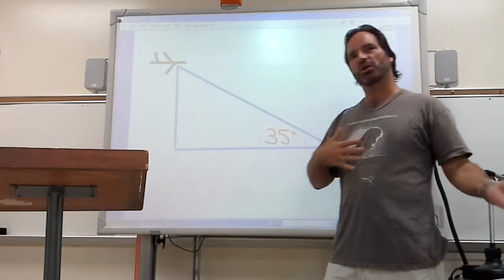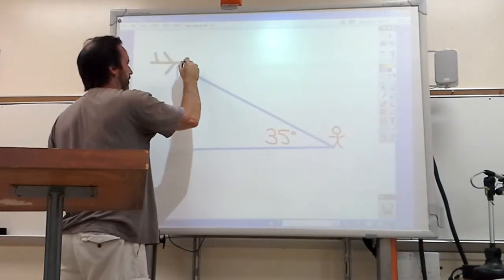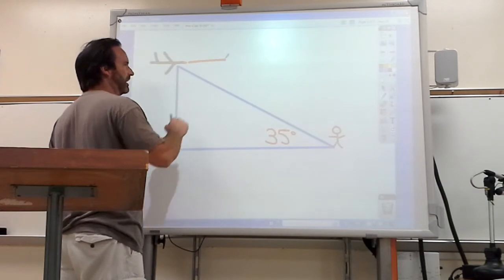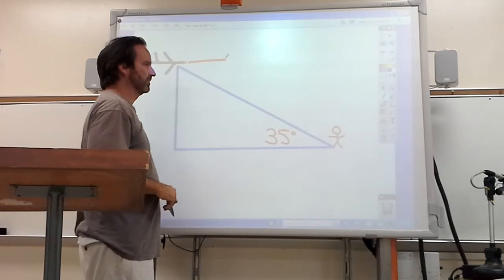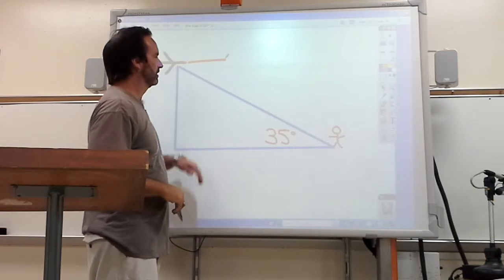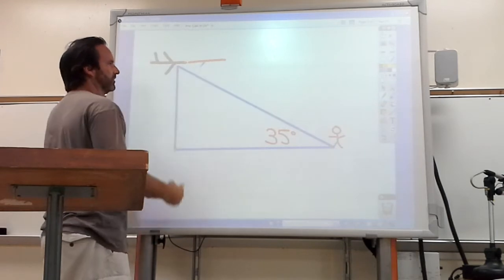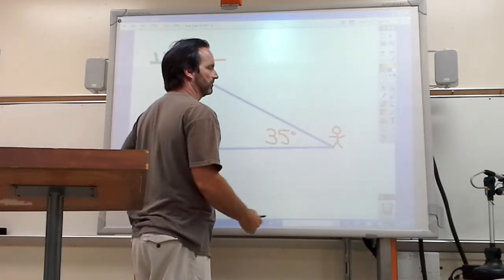By the same token, or kind of reversing, here's this pilot up here. His line of sight is out here. When he looks down, that's an angle of depression. Okay, so that would be also 35 degrees. Okay, this would be angle of depression, and this is angle of elevation.